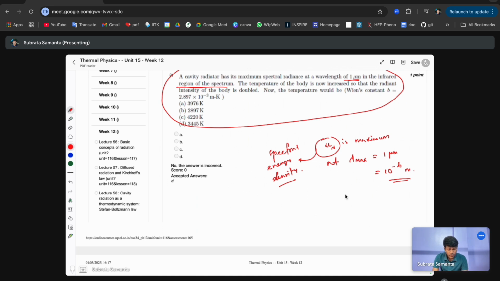So first you have to calculate the temperature of the body, T1, when lambda max is 10 to the power minus 6 meter. Then you increase the radiant intensity and see how the temperature changes, and calculate the final temperature. So how do we calculate T1 from this data?